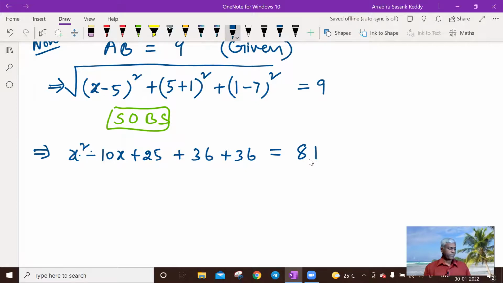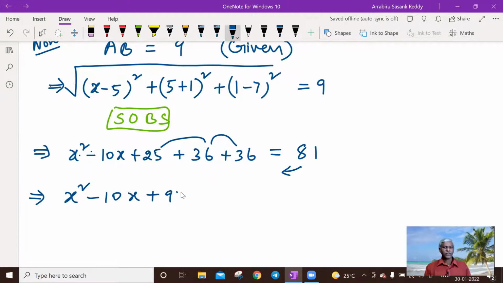Now bring 81 to the left side, further simplifying. x square minus 10x, this is 36 plus 25, 97, and 81 becomes minus 81.